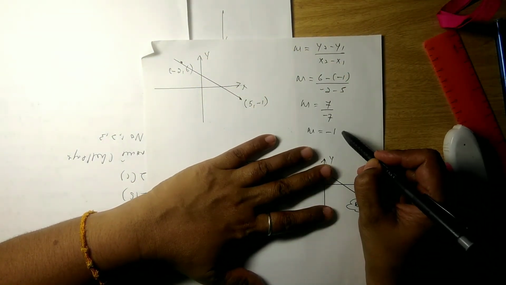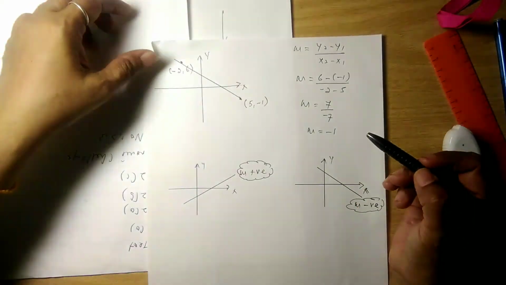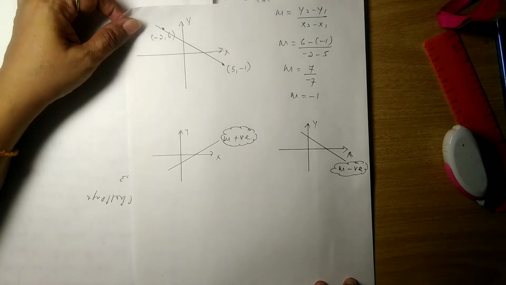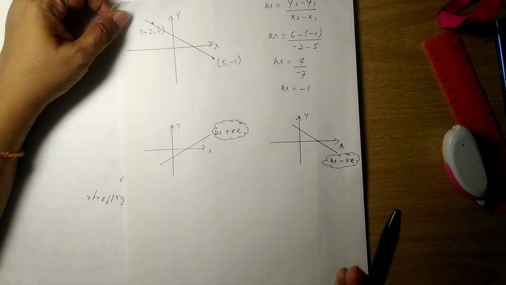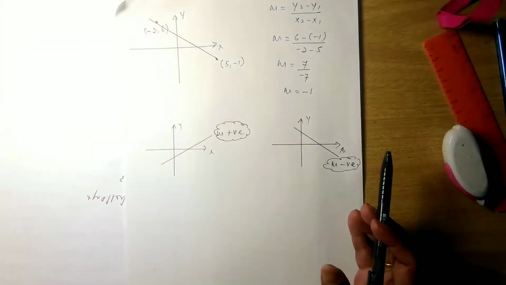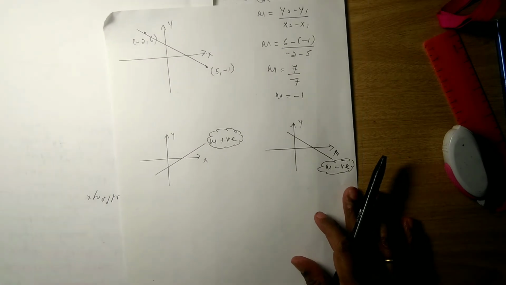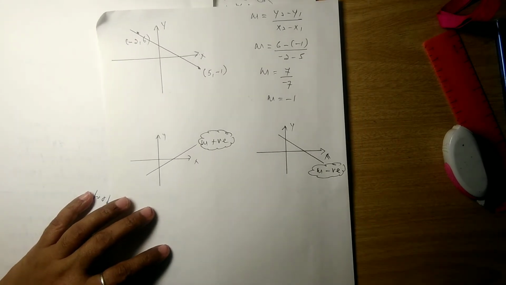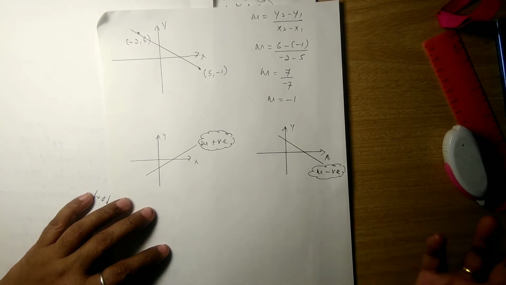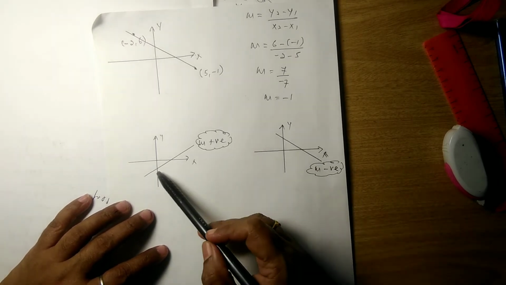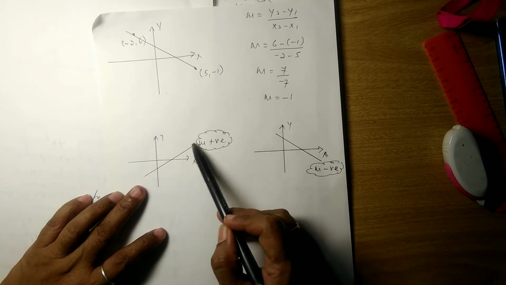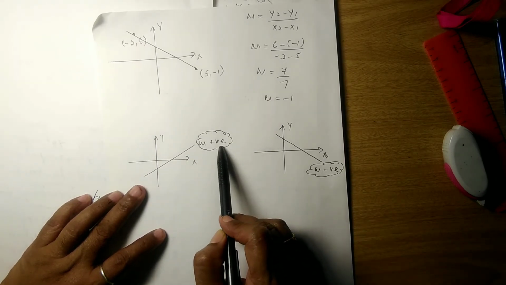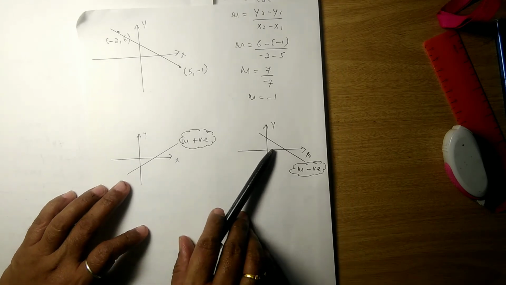So this is general knowledge: when you look at a graph, is the gradient going to be positive or negative? If the line is drawn this way, the gradient is always positive when you calculate. Whereas if the line is drawn this way, the gradient becomes negative.